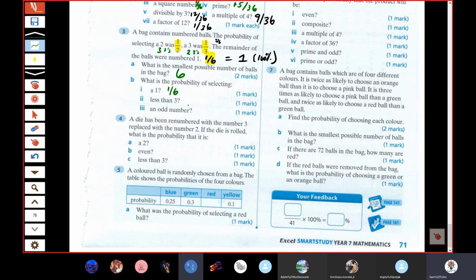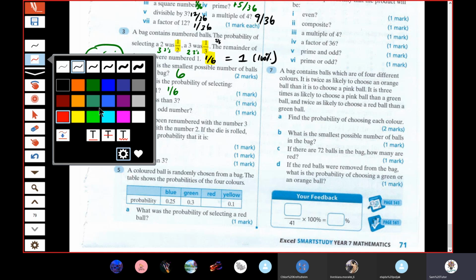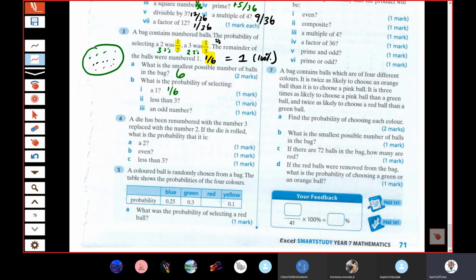Yes? Don't get it? Yeah, I have the 6. So again, the probability of selecting a 2 was a half. Imagine you've got a bag with a whole bunch of 2s, a whole bunch of 3s and a whole bunch of 1s.